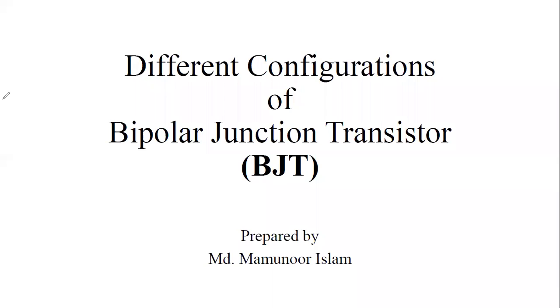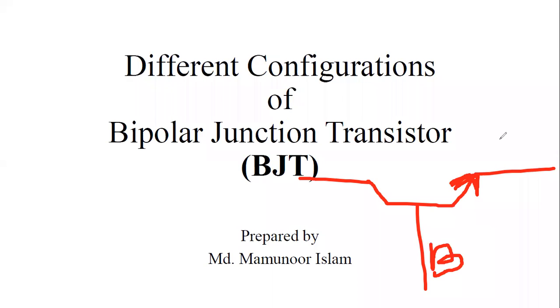We all know that in a BJT transistor, suppose this is an NPN transistor. In an NPN transistor there are three terminals. The middle one is base, this one will be emitter, and finally collector.